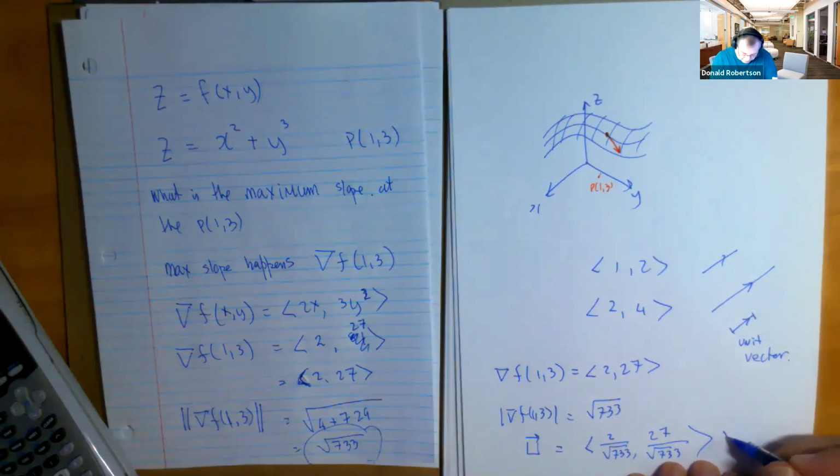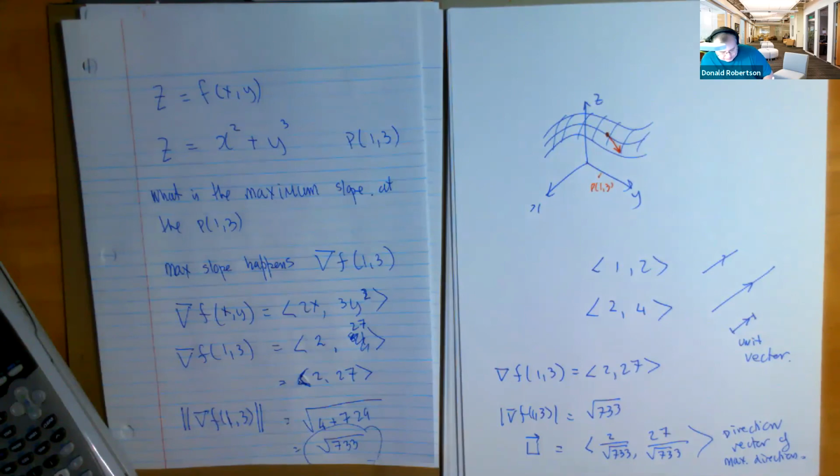So when we tell someone the direction vector of the maximum direction, you should always give it in terms of a unit vector, a vector that is 1 unit long.